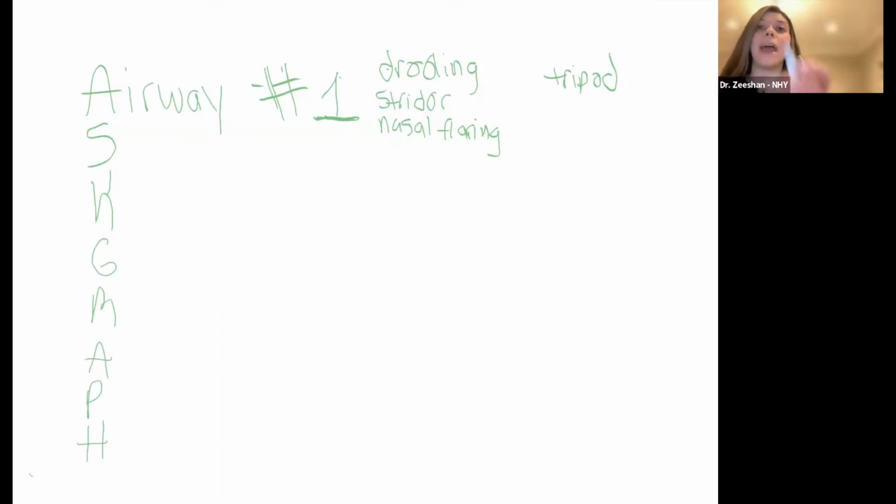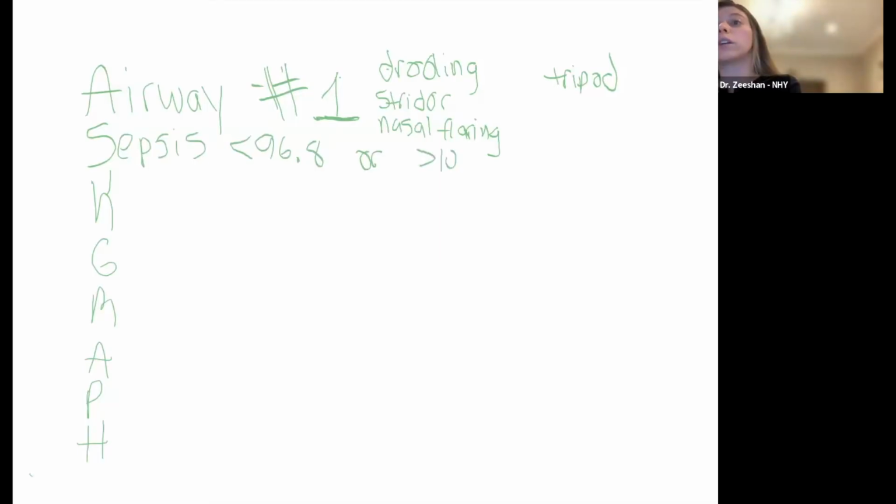Then we have S for sepsis. With sepsis, you need to know a couple of things. We can have somebody that's hypothermic, a temperature of less than 96.8, or hyperthermic, a temperature over 100.4, as well as a low blood pressure.